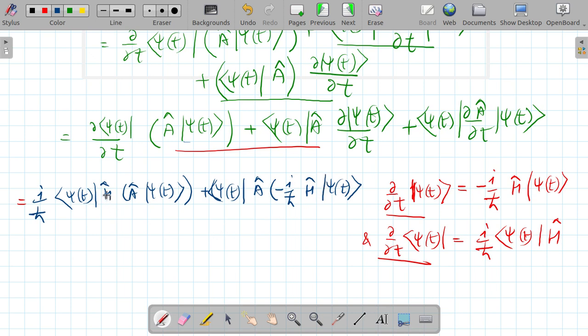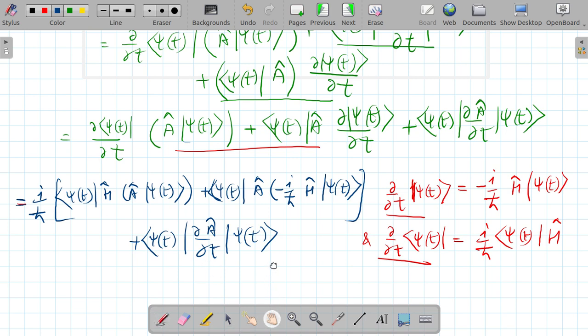That's what we are using here, and I have taken iota by h cross outside because of these two terms, and plus psi t curly A by curly t into psi t.